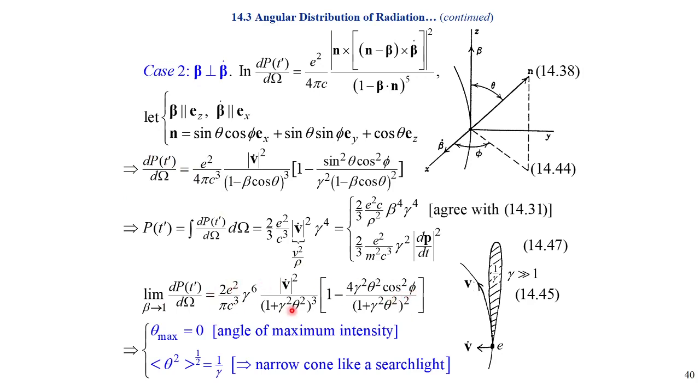Okay? And from this equation, we know theta maximum will be close to 0. That will be the maximum here. The angle of maximum intensity, the square root of chi-square, is 1 over gamma. A narrow cone like a searchlight because gamma is very large.